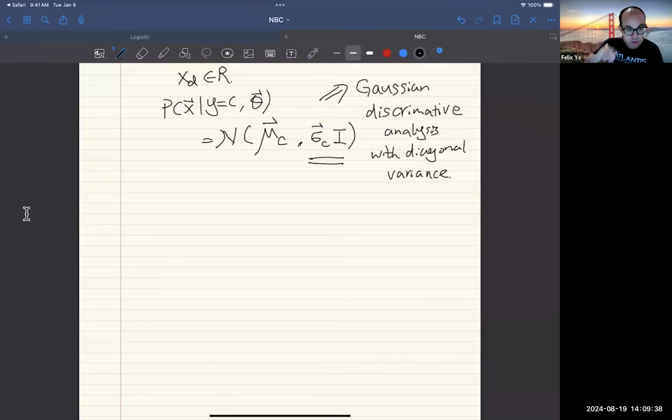Precisely, we also need to multiply them together. Wait, I'm pretty much wrong here. I think I have a D here, x of D. So this will be just mu dc and sigma dc squared.